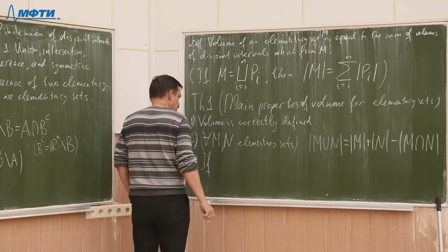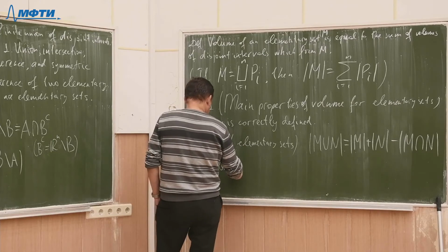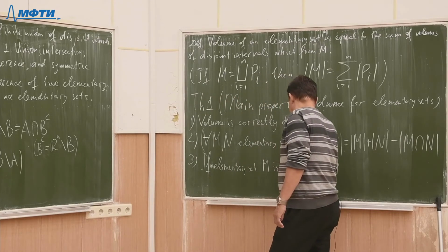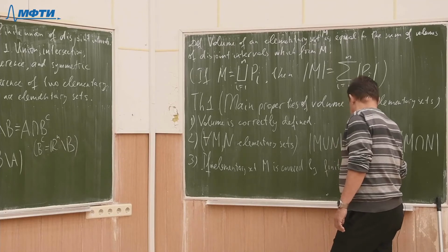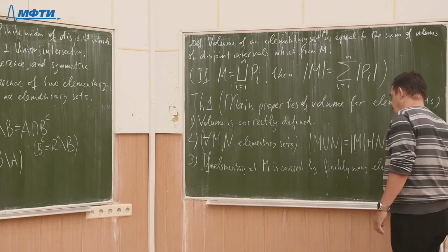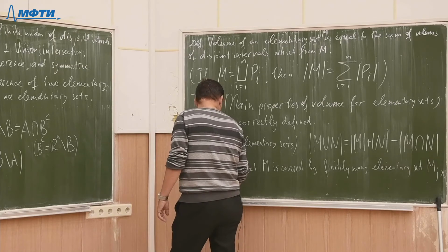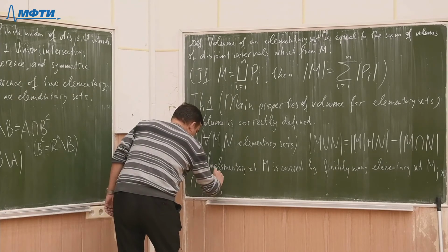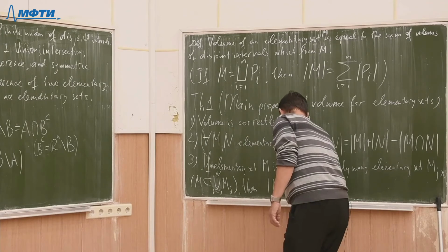If an elementary set M is covered by finitely many elementary sets, let's say Mj's, then, let me write here, M is a subset of the union of Mj's, then the volume is less or equal to the sum of volumes.